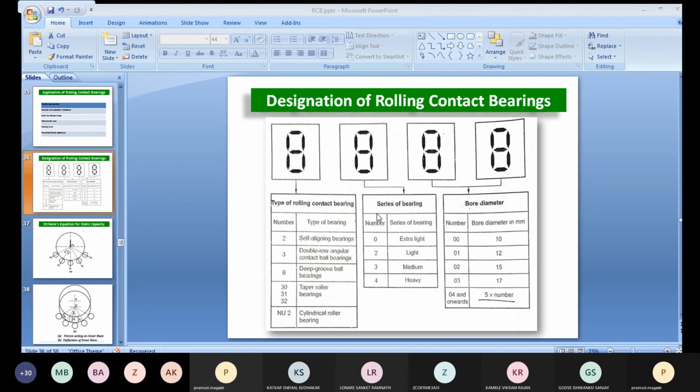Can anybody explain me 6004? What is the indication of that? Tell me.